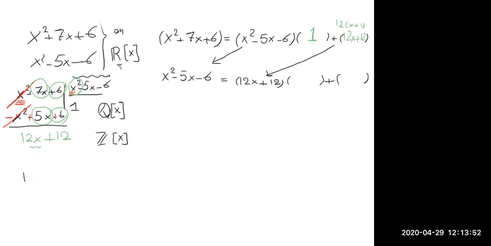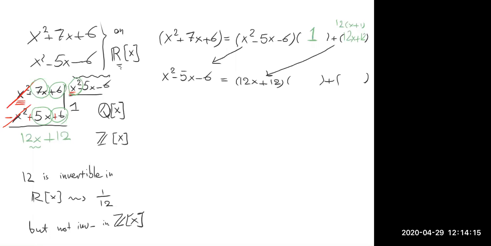So 12 is invertible in R of x because it's invertible in R and its inverse is 1 over 12. But it's not invertible in Z of x because 1 over 12 is not in Z.